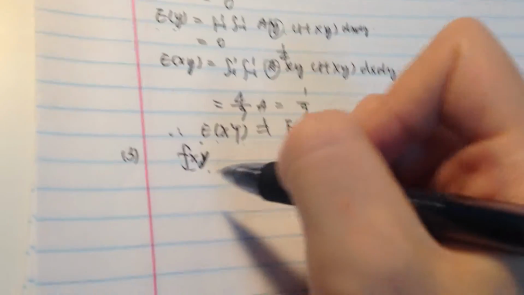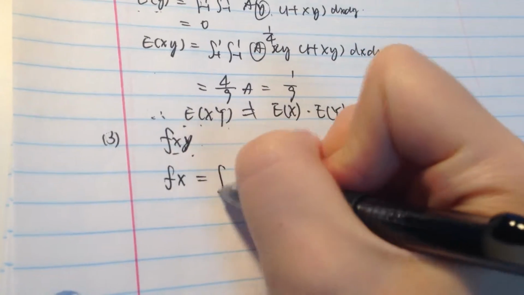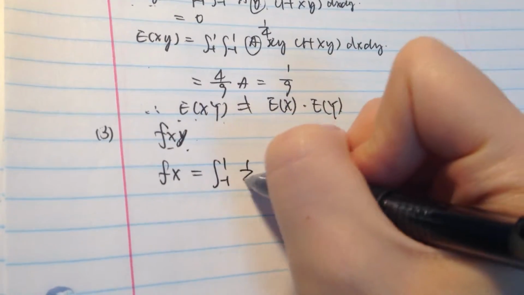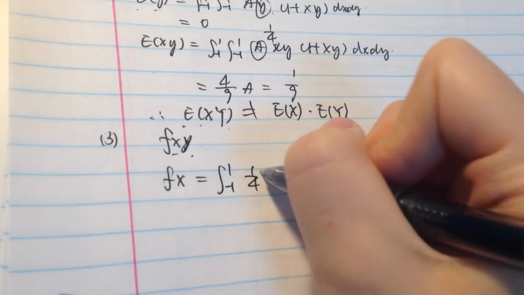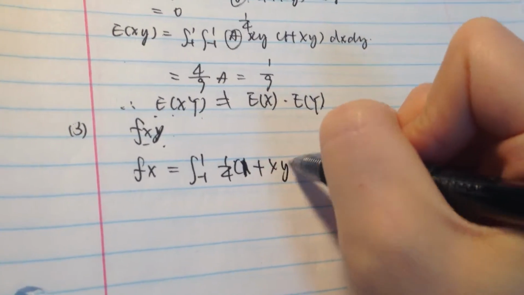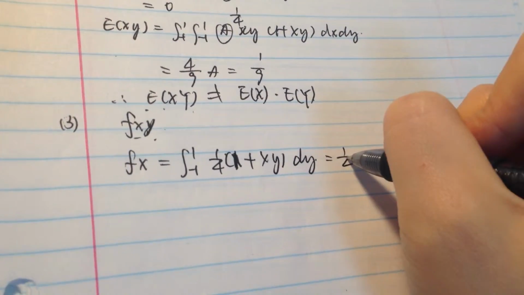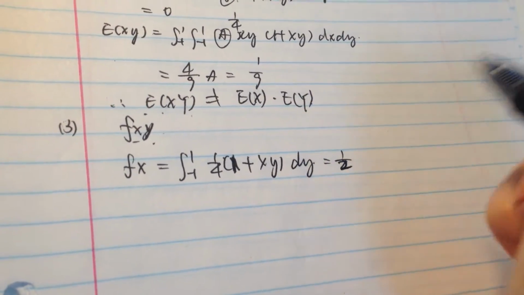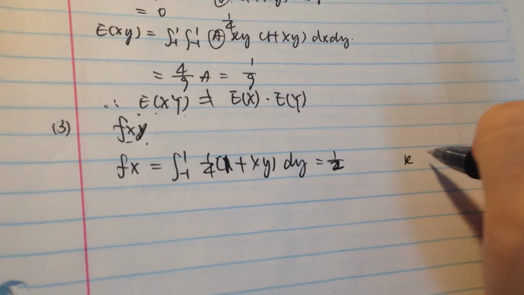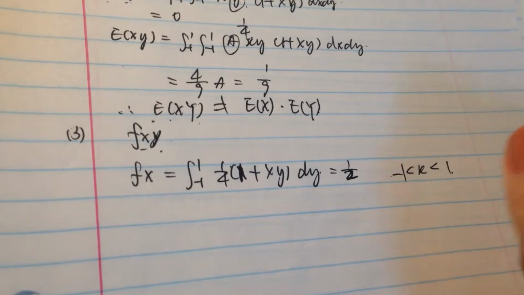So here we need to use it to calculate the density function of x. Here's the density function of x. Well, the integral of 1 plus xy dy is 1 by 2. And x is in the range from -1 to 1.